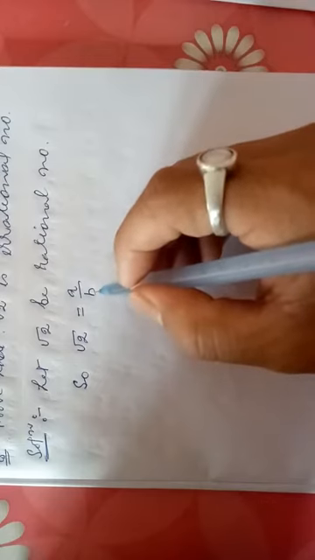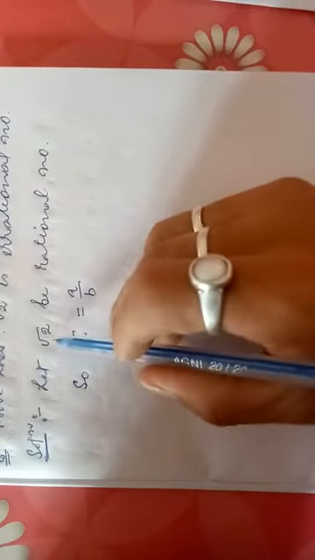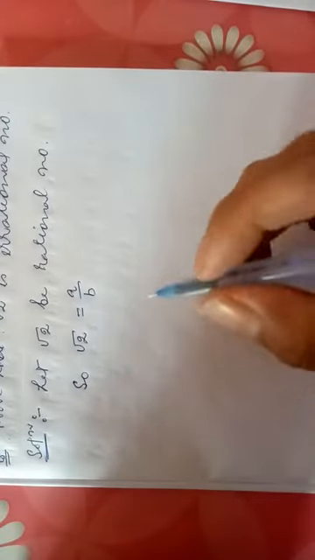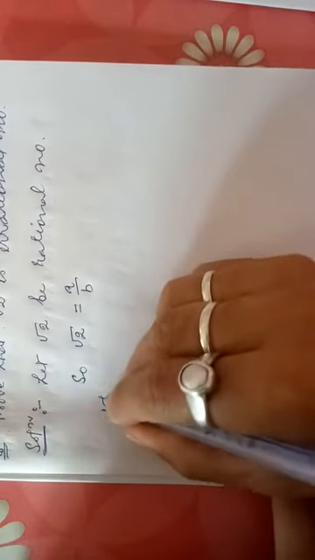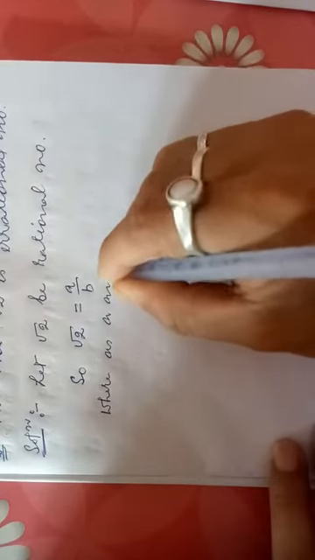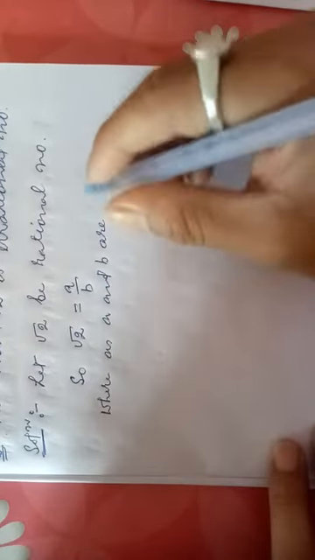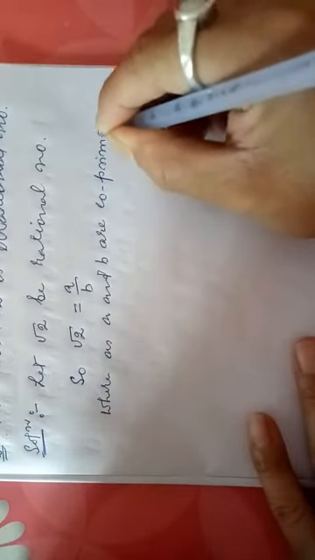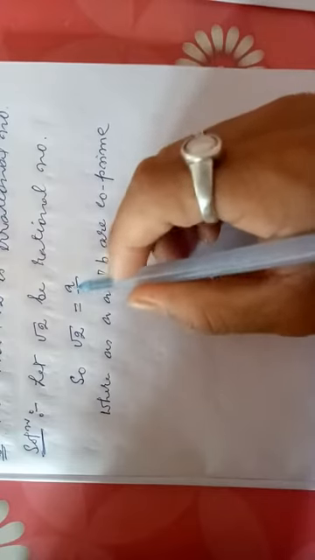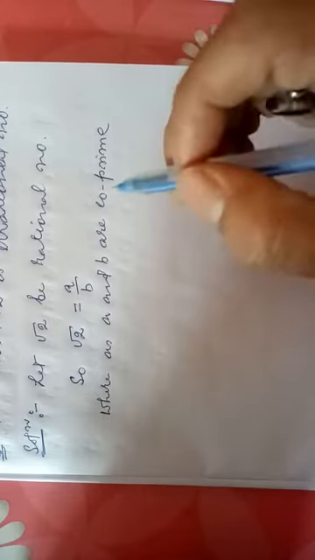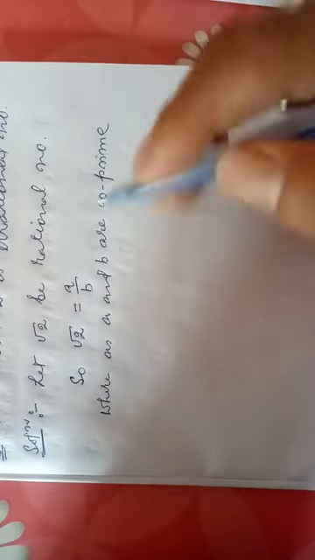Let us take root 2 to be a rational number, so we write root 2 equals a by b, where a and b are co-prime. That means a and b have only 1 as a common factor. No other number is common between a and b. Clear?